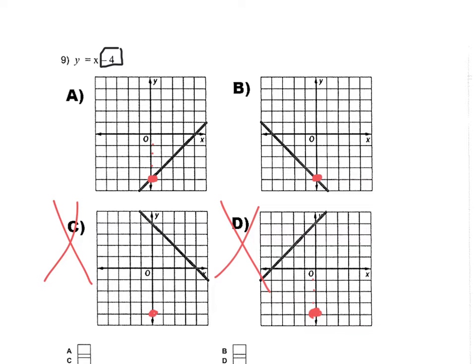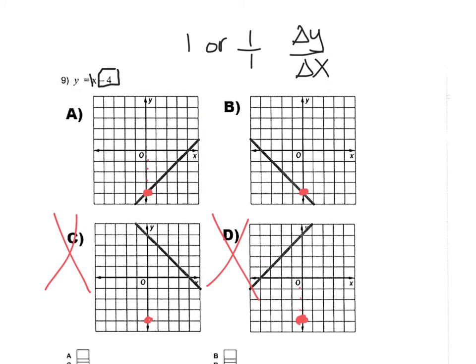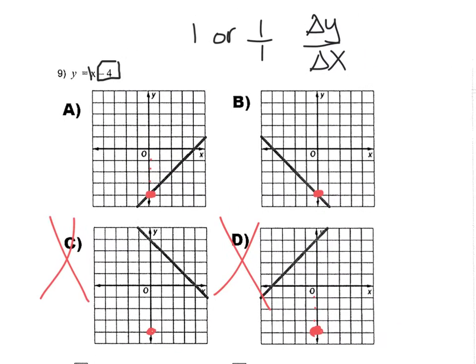Next thing I can look at is my slope. They gave me 1x, which is the same as saying 1 or 1 over 1, since it's rise over run, or the change of y over the change of x. Another thing you can look at if you don't understand the slope: if you look at the left side of your graph, my line is going up and to the right.